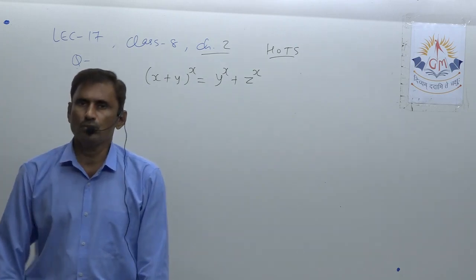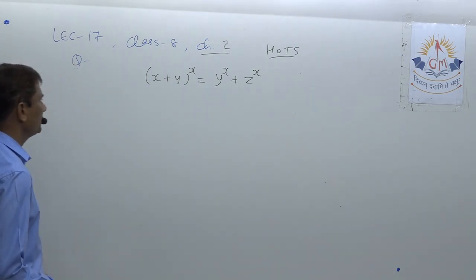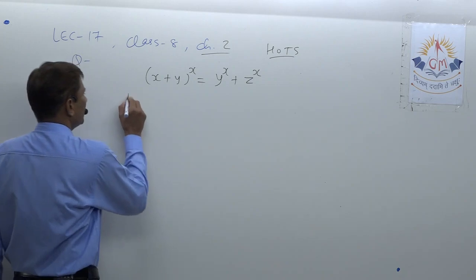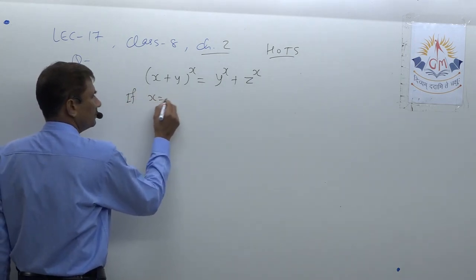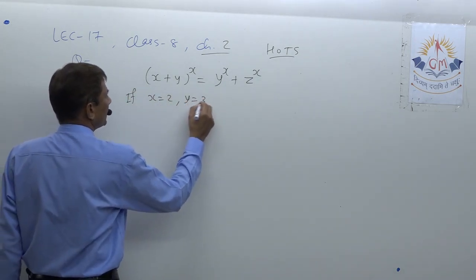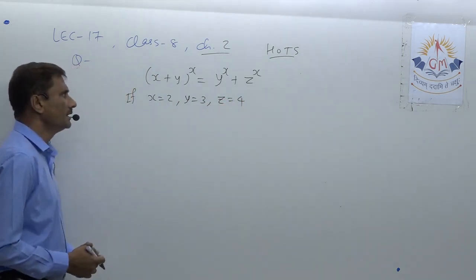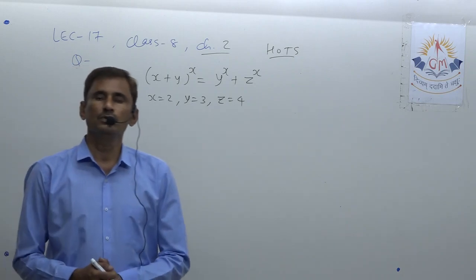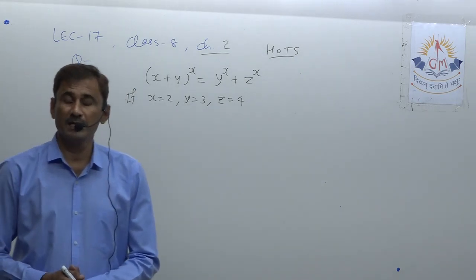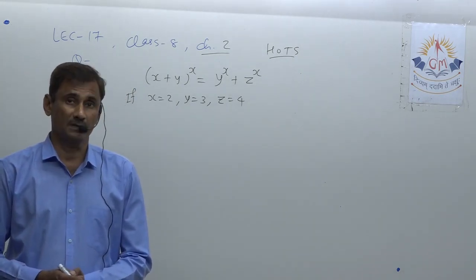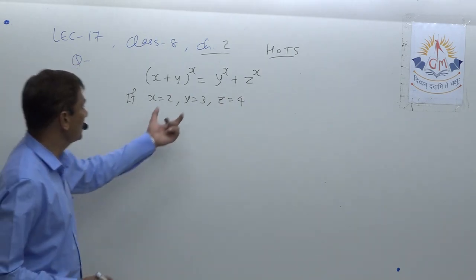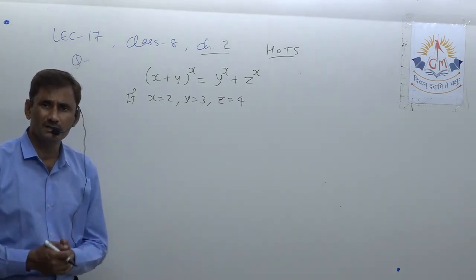After so much thinking, if x equals 2, y equals 3 and z equals 4, then you just verify that the left hand side and right hand side become equal. How did I get it?